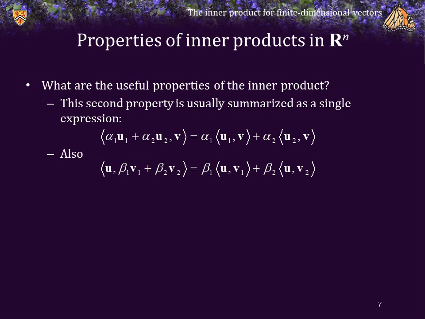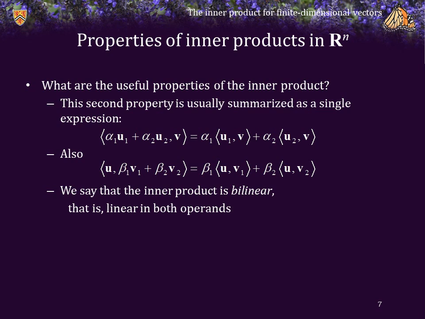The same is true for the second operand. Consequently, because the inner product is linear in both the first and second operands, it is described as being bilinear. That is, it is linear in both operands.